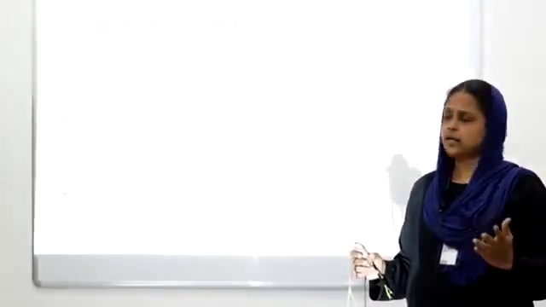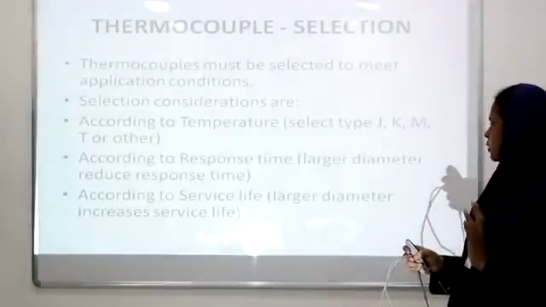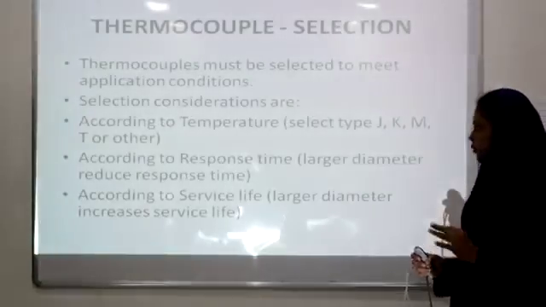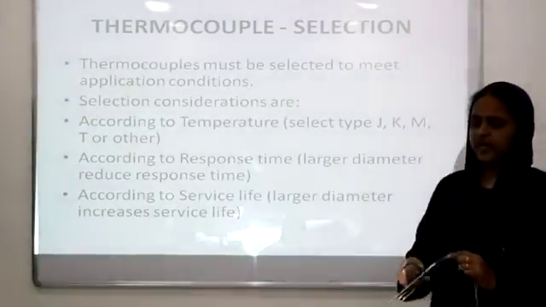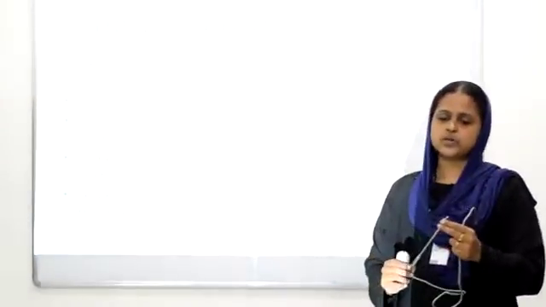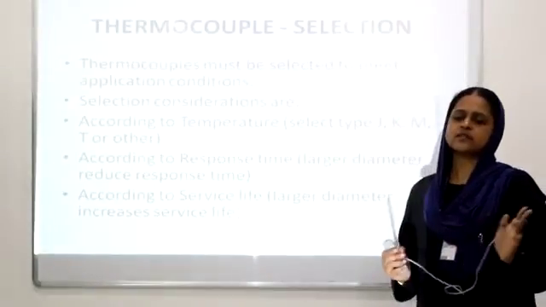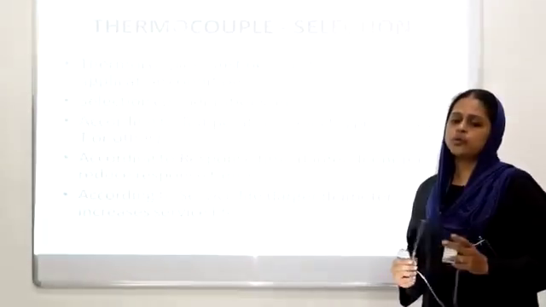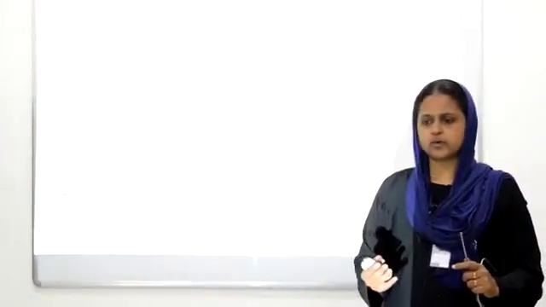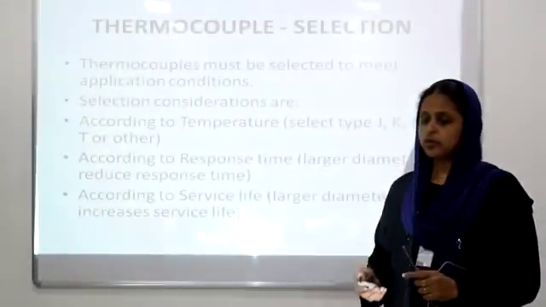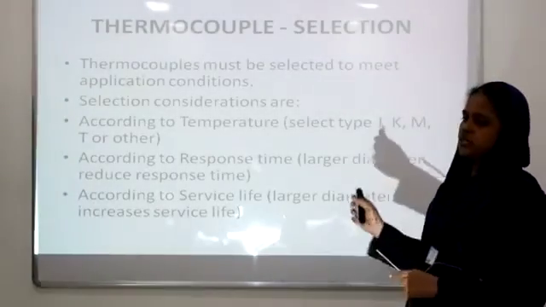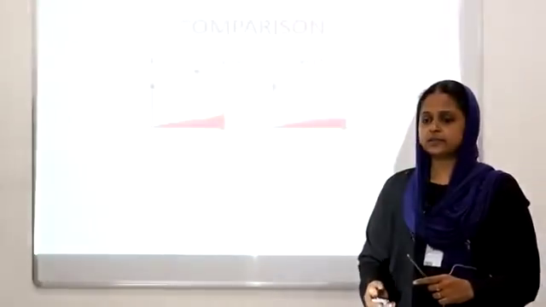A larger diameter of the wire reduces the response time. According to service life, a larger diameter will have more service time. Based on your requirement and the necessity of the process, you can select the thermocouple accordingly. These are some selection criteria I have listed.